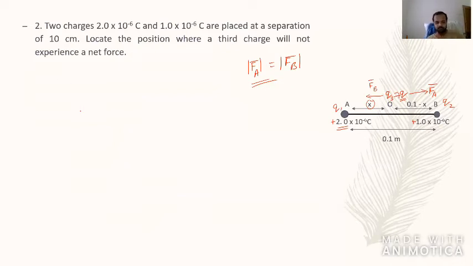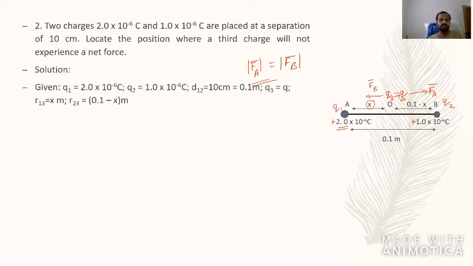So let us put down the data. Q1 equals 2 microcoulomb, Q2 equals 1 microcoulomb, D12 equals 10 centimeter, that is 0.1 meter, and Q3 equals Q. R13, the distance from A to O, is taken as x meter, and R23 is taken as 0.1 minus x. So now we'll apply the condition, that is FA is equal to FB, the magnitude of FA equals the magnitude of FB.